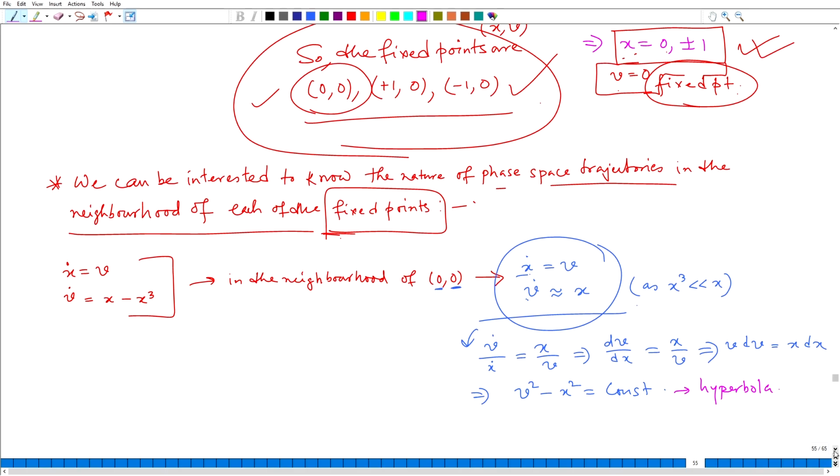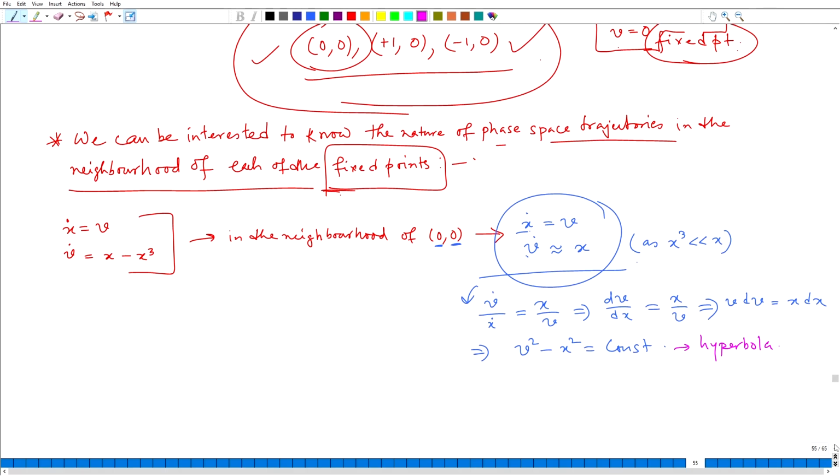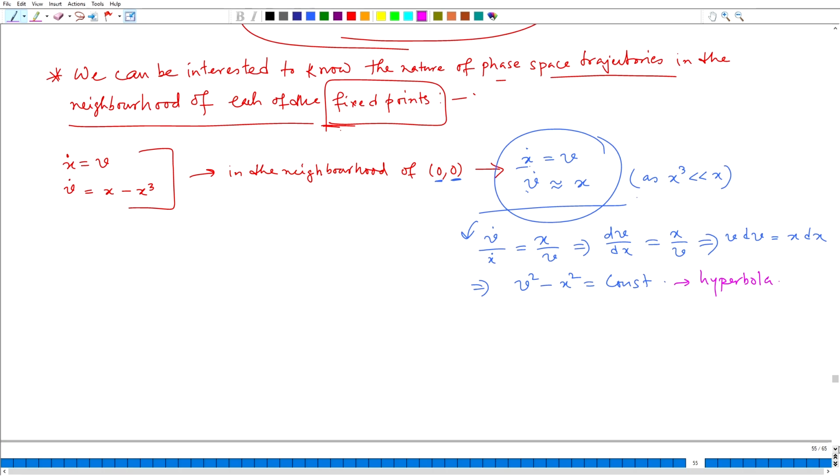Okay. What happens in the vicinity of plus 1? So, in the neighborhood of 1 0, what happens there? Of course, v is always very small because this is very close to 0, but x is very close to 1.